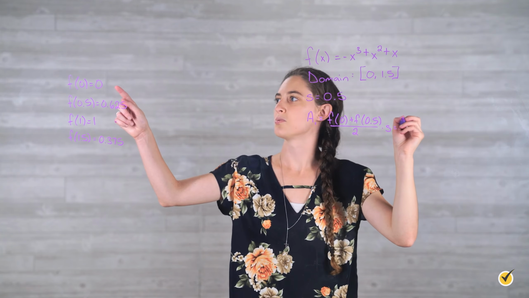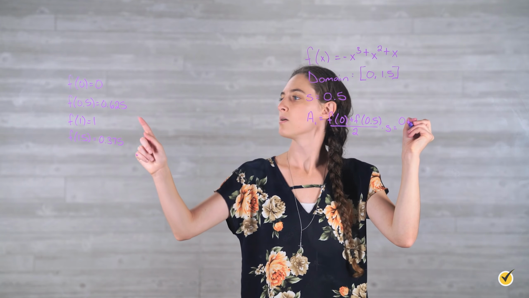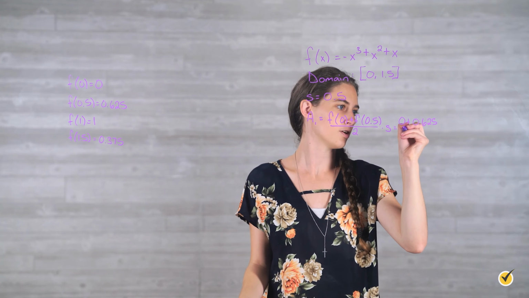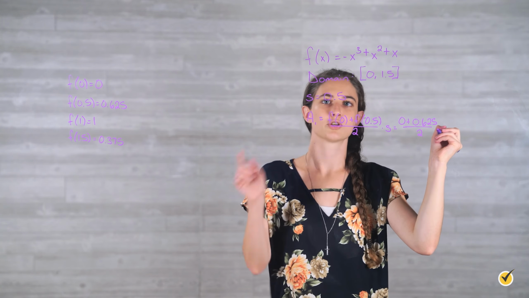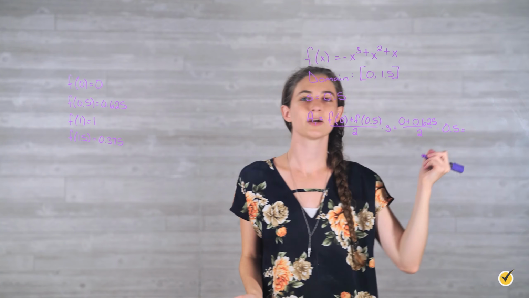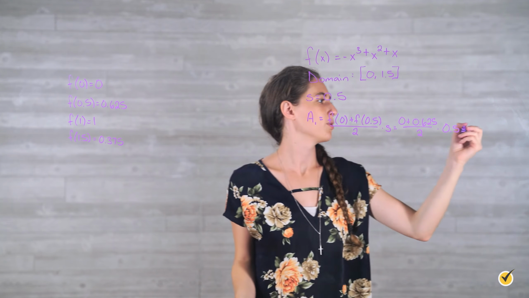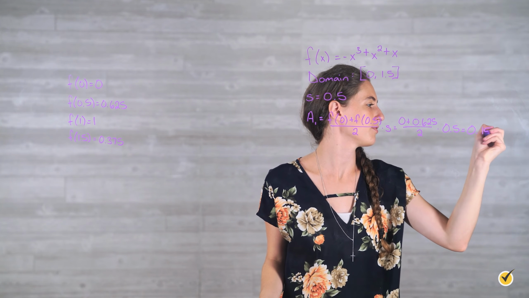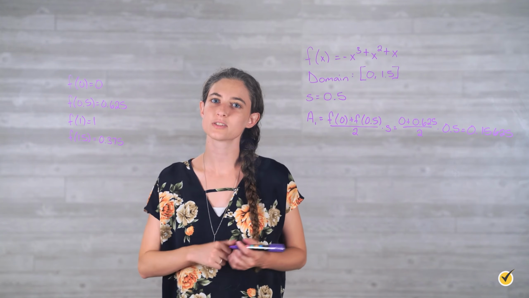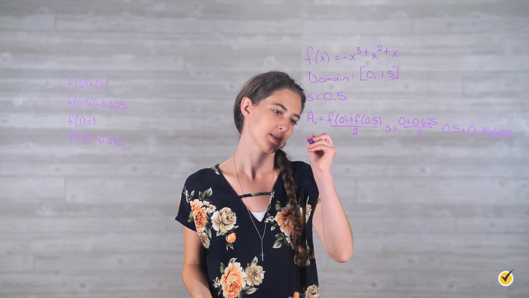So this is equal to 0 plus 0.625 over 2 times our step size of 0.5. If we plug these values into a calculator, we'll get 0.15625.